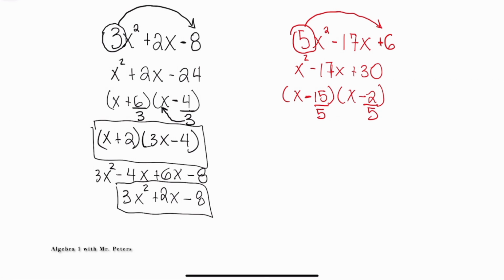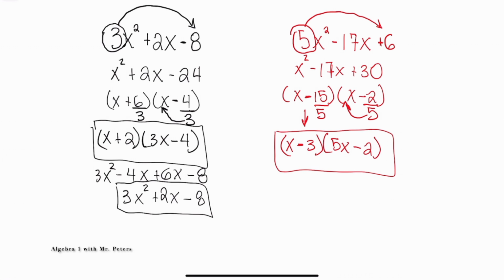So when I do that, my first one is going to turn into x minus 3. And then my second factor, because we cannot divide and get a whole number, this is going to turn into 5x minus 2. And if for some reason this equation was set equal to 0, all we have to do is set these factors equal to 0.